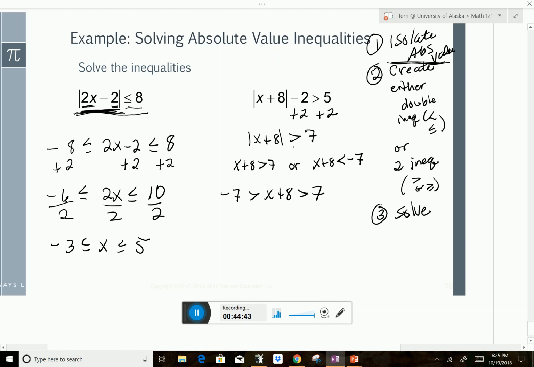I want you to look at that, and I want you to read that from left to right to yourself. Negative 7 is greater than x plus 8, which is greater than 7. For one thing, we have a problem.